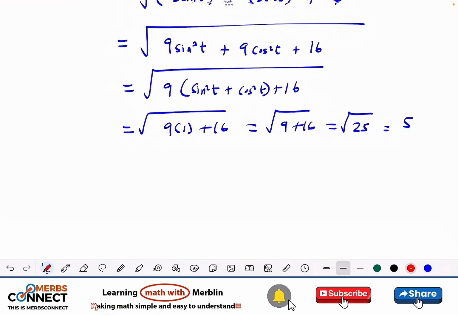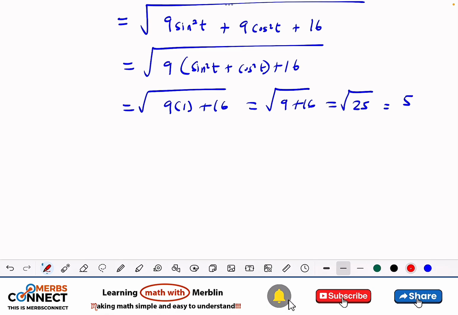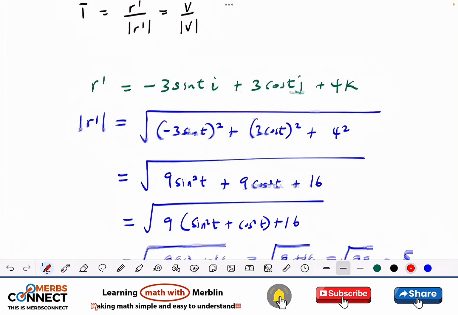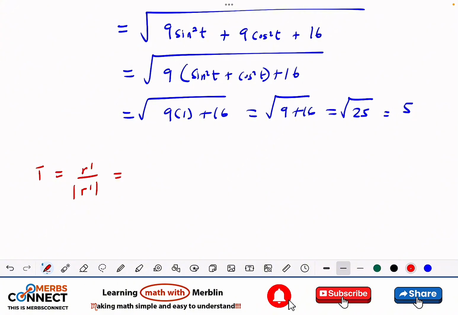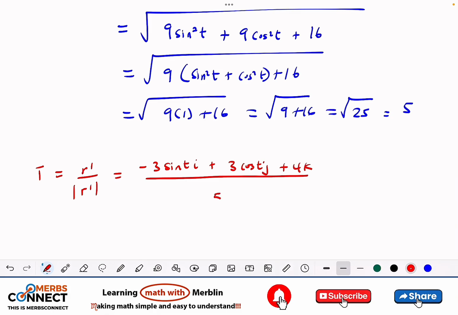Good. So now we can find the unit tangent. We know that unit tangent is equal to r prime divided by the magnitude of that. What was r prime? We had minus 3 sine t i plus 3 cos t j plus 4k. Then we divide it by the 5, which is the magnitude.